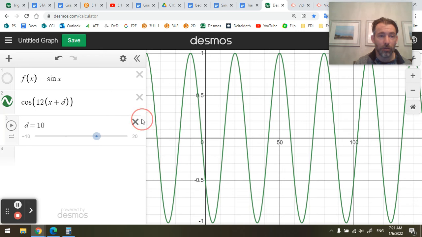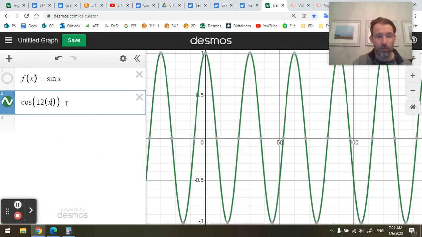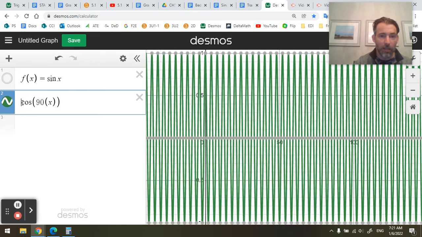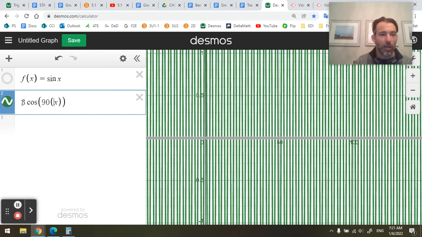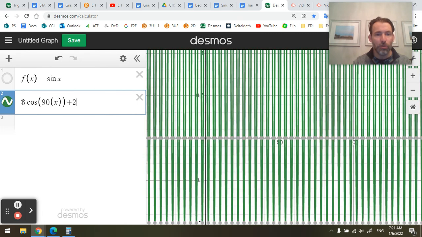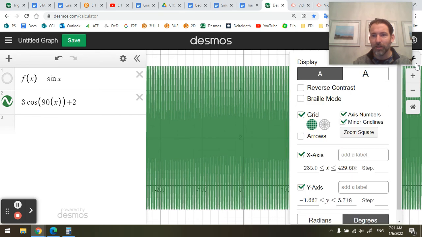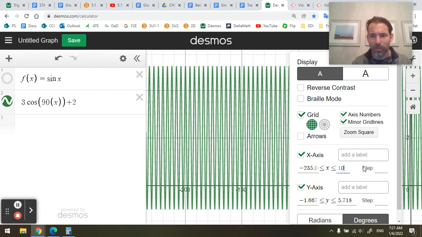So here, I'm just going to get rid of that. I know that d is 0, so I have this. I know that cosine was 90, and I'm going to have here, what am I looking for? 3 was my amplitude, and then I added 2 to it. What am I looking at? Well, I'm way too zoomed. Okay, so go up here, change your scale. We want to see the same amount of the x value as we had on there, so I'm going to just put in 10.